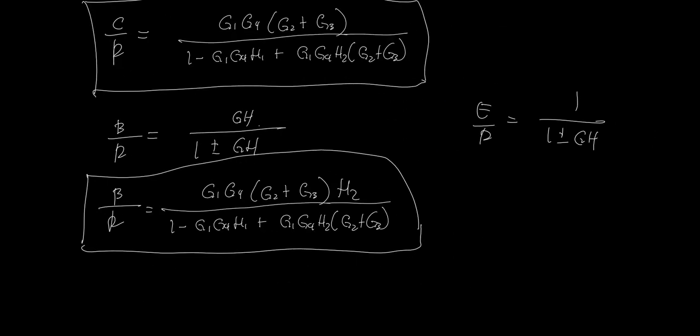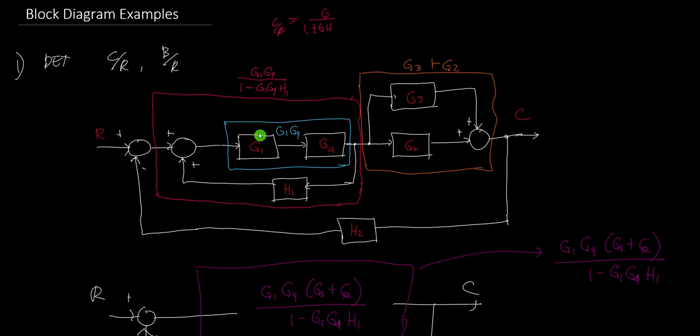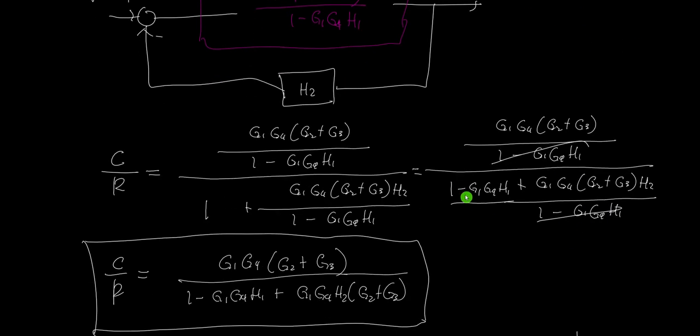So E over R is just equal to this one, then 1 divided by this one, because this will be 1 here at the numerator, and this is our denominator.